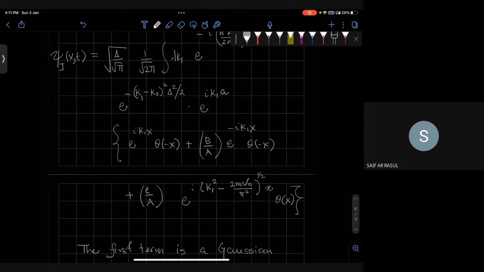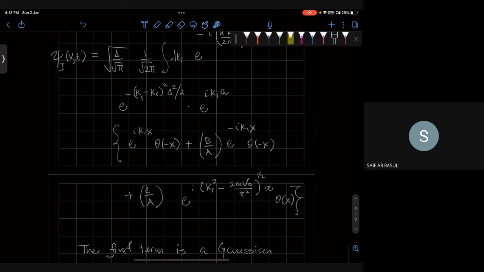So this coefficient is dependent on K1, because B is dependent on K1.